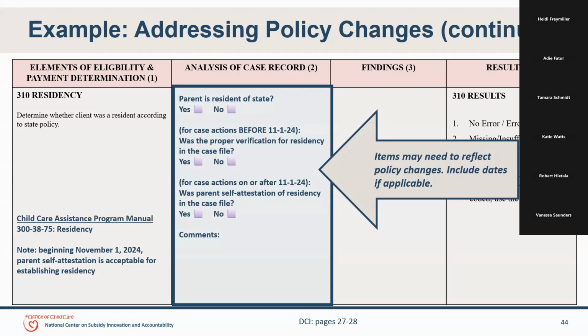Sure, I think that's a good idea to have an NA box so it's really clear that the reviewer understands that it's not from this date, it's from this date. Yes, basically any time that an item might not be applicable to everyone, I would say to have an NA.